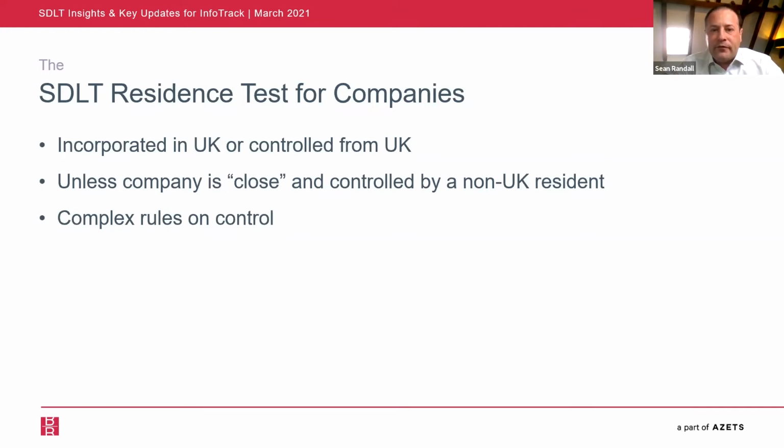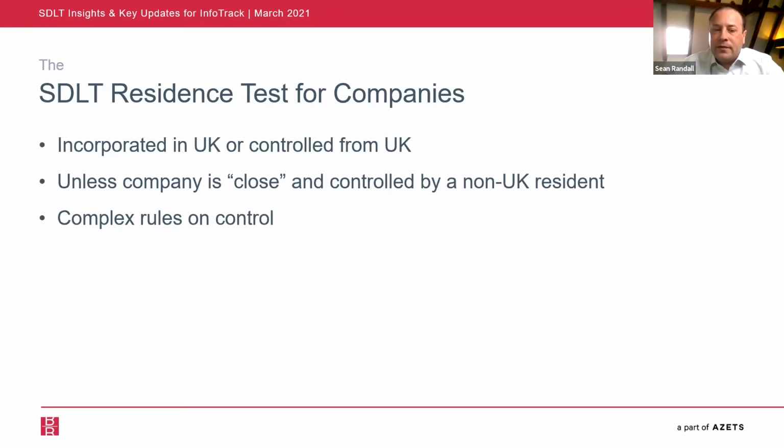But, and this is where it gets tricky. So for UK companies, as I say, those incorporated or controlled from the UK, it will be necessary from 1st of April to trace through their ownership structure. If they're a close company, and close for this purpose means controlled by 5 or fewer participants, so if they're closely held and they're a UK company, then you have to identify whether they're directly or indirectly controlled by a non-resident, whether that's an individual or a company.